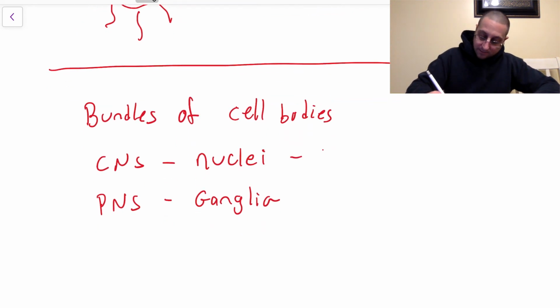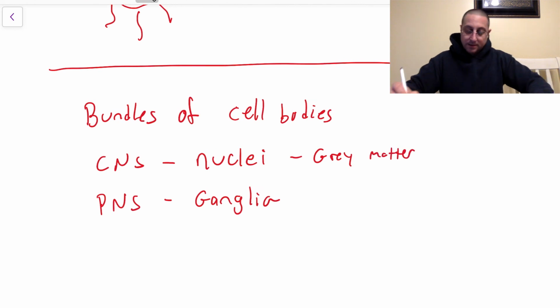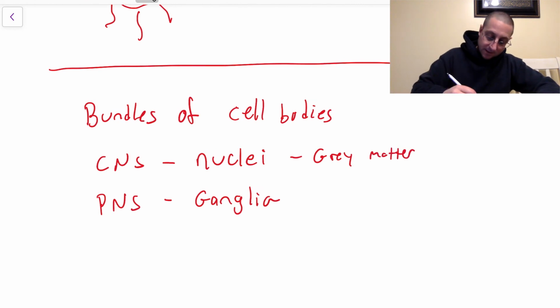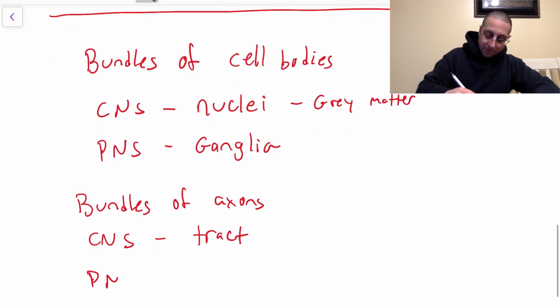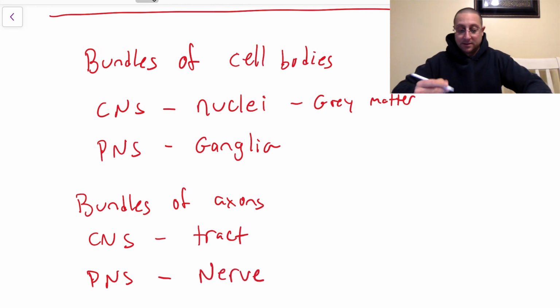And this is going to make up the gray matter in the central nervous system. Bundles of axons in the central nervous system is called a tract. And in the peripheral nervous system, it is called a nerve. That was nice and easy, a nerve. And we'll talk more on that later.